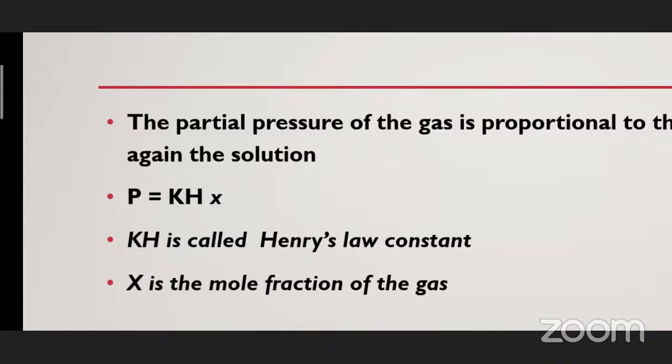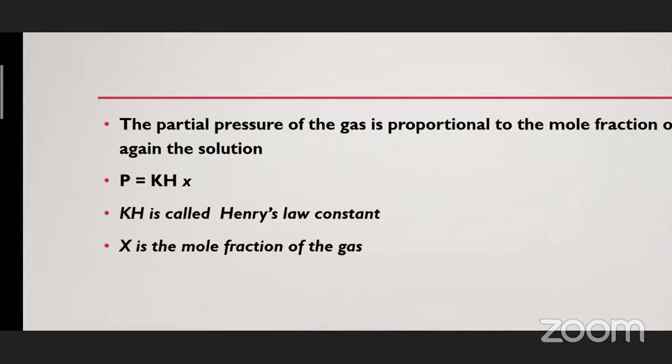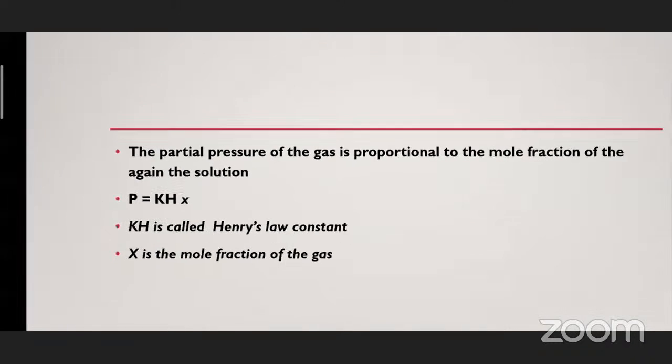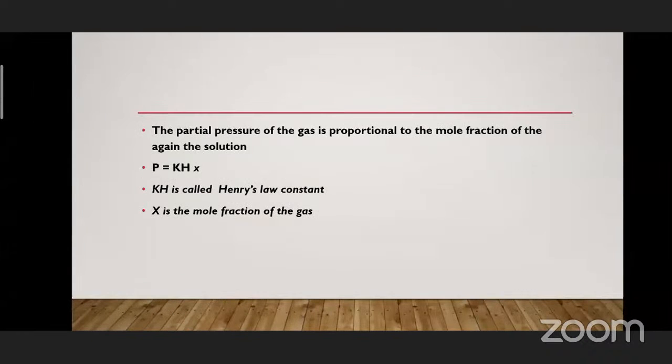X is the mole fraction of the gas. Yesterday we already discussed how to calculate the mole fraction. Mole fraction is the number of moles of the gas divided by the total number of moles. If you multiply this mole fraction of the gas with the atmospheric pressure, we get the partial pressure of the gas.